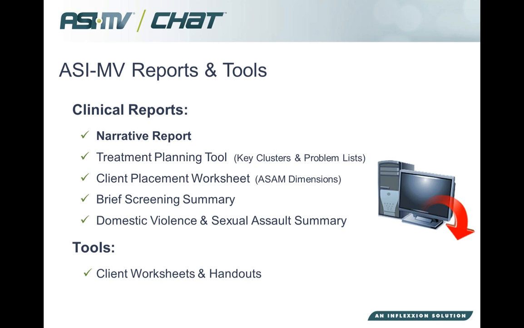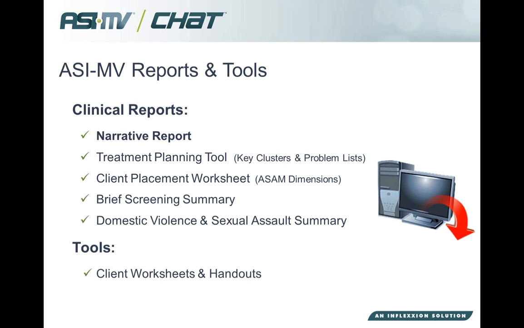The treatment planning tool does not develop a treatment plan or an intervention recommendation, but what it does is group data from across all the domains of the ASI and cluster it in useful ways such as the recovery environment, strengths, weaknesses, problem lists, psych risk issues, etc. So it leaves it for the clinician to develop their recommendation for a treatment intervention.